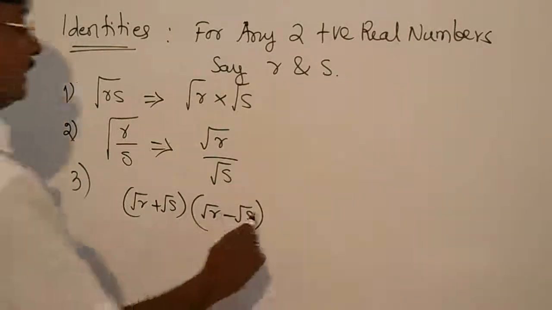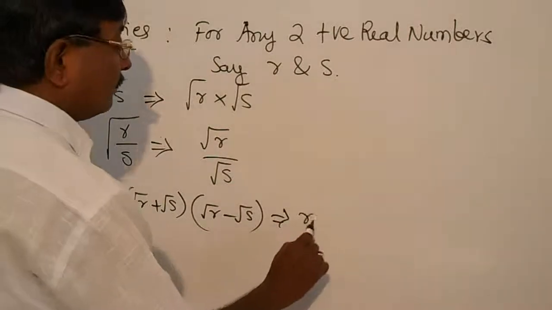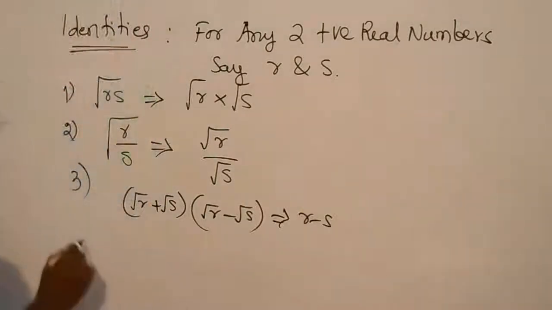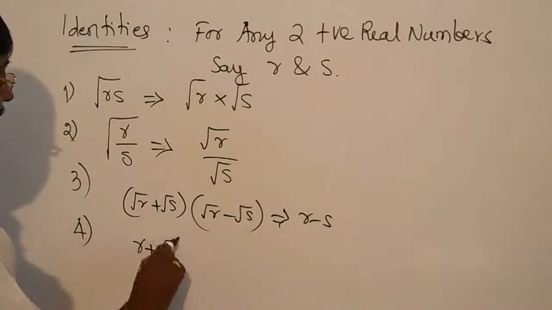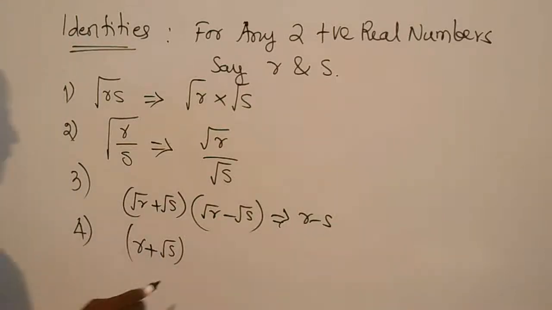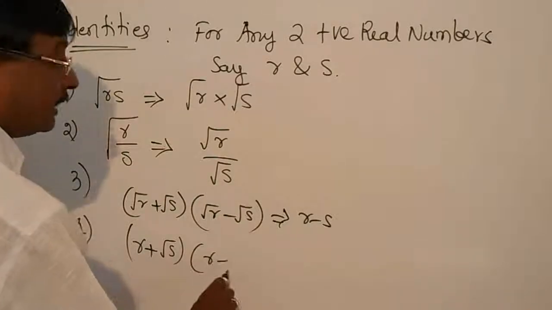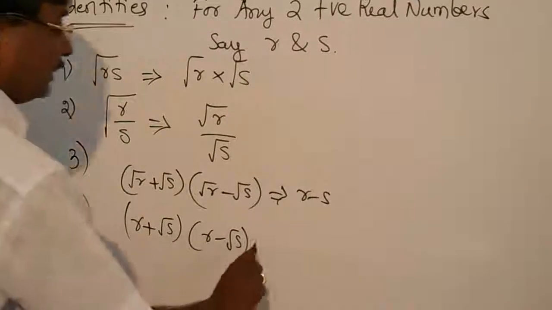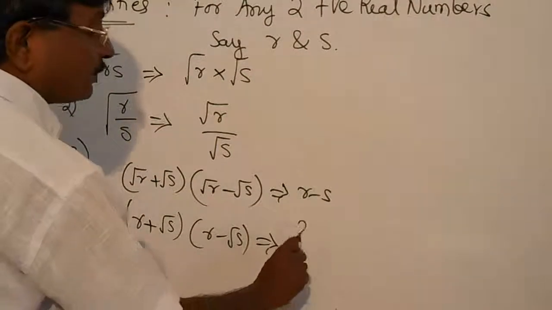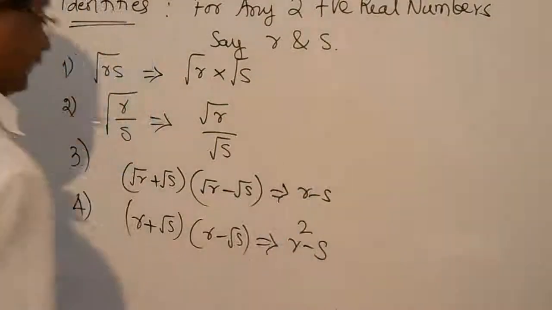By this way we get R minus S. Okay. Number fourth identity we have here is R plus square root S into the bracket R minus square root of S, which can be written this way as R square minus S.